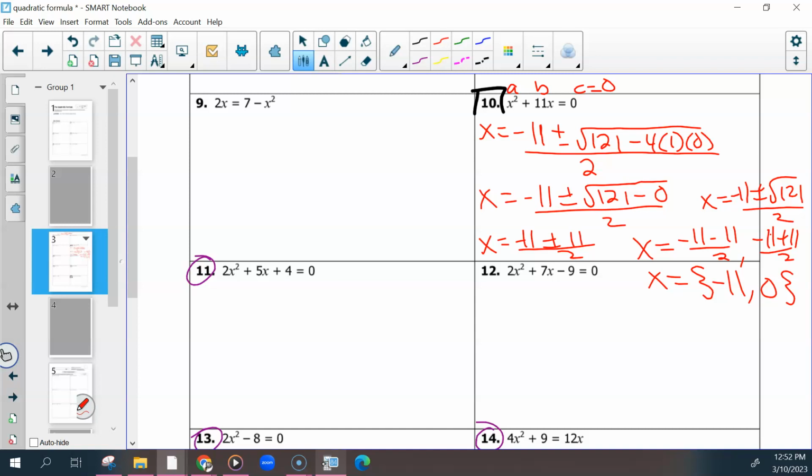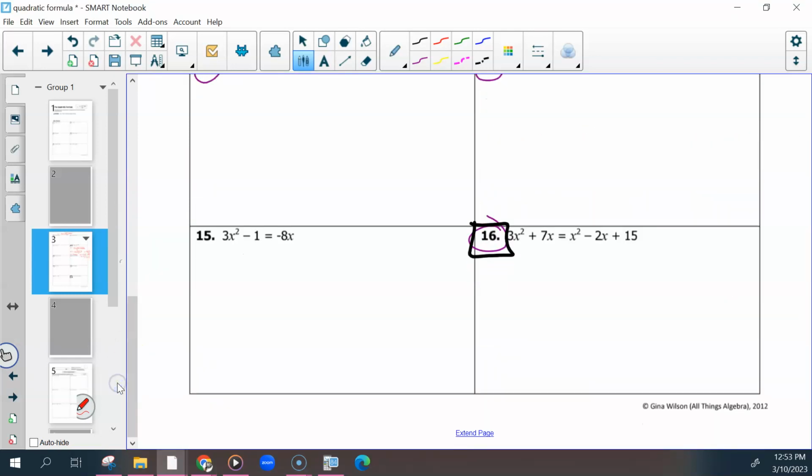Okay, so then we'll start 16. Forgot this was going, so let me change this first. For 16, it still needs to have three terms equal to 0. Right now it doesn't. You have to move things back to the other side.